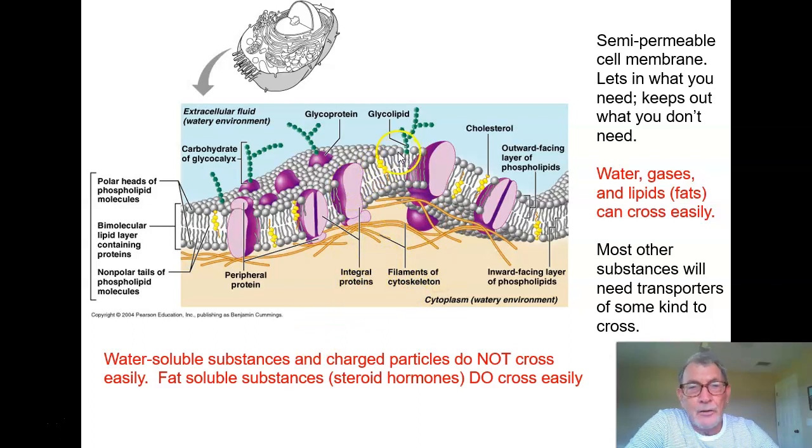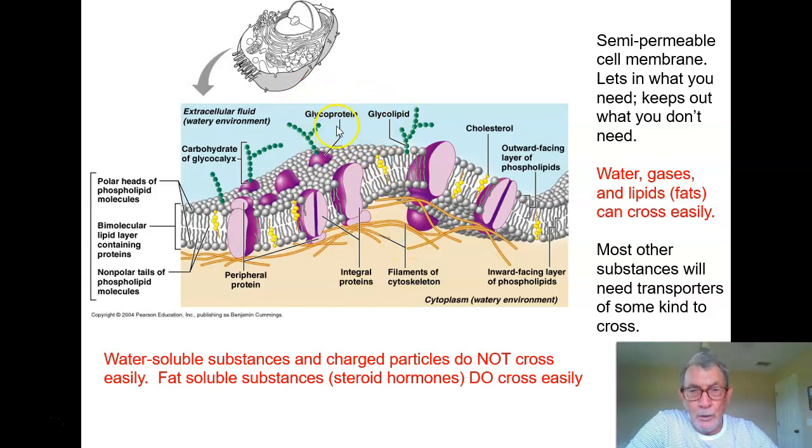You can see it looks like these are little beach balls with tails hanging down in the middle. These are called phospholipids, and they create a phospholipid bilayer. This phospho head is water-loving, but the lipid tails are fat-loving, and they prevent water from moving through.